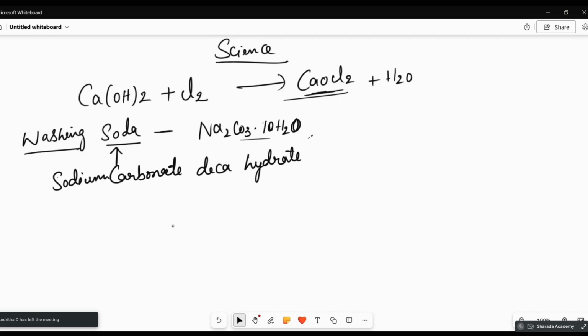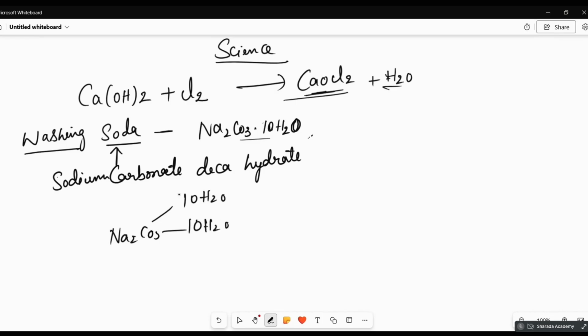Here, water is just mixed with it. But here, every 10 molecules are bonded with Na2CO3. Just combining with each other is different from making a bond.